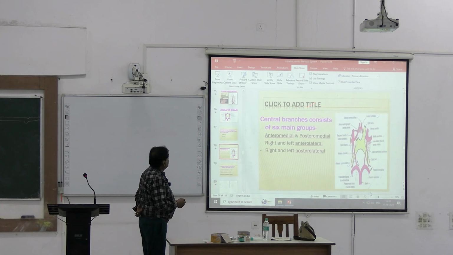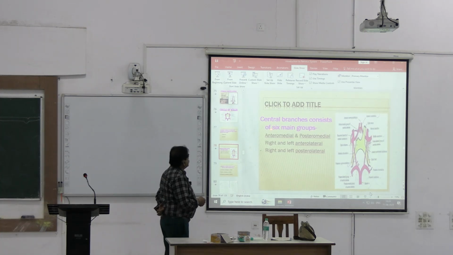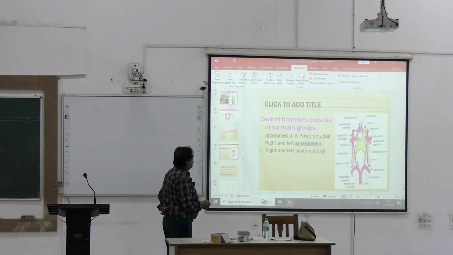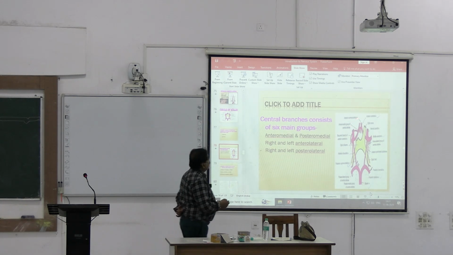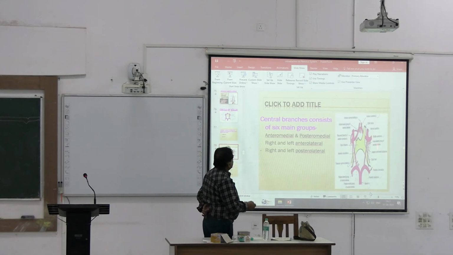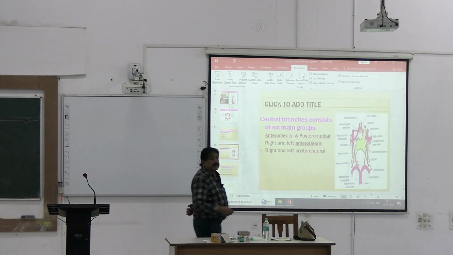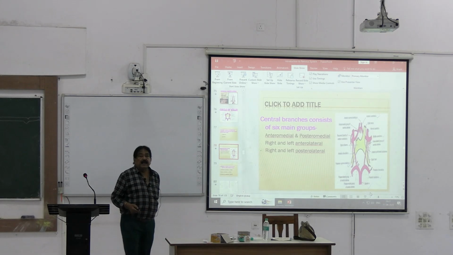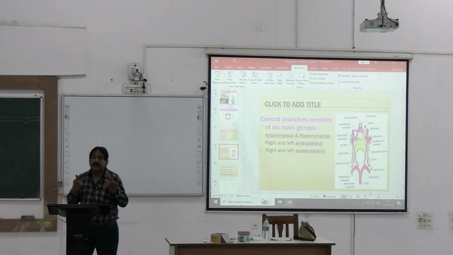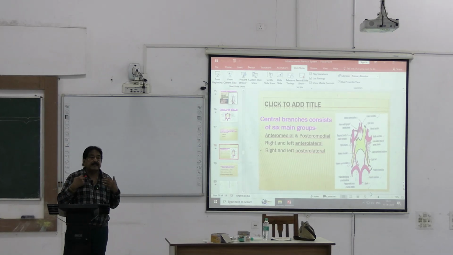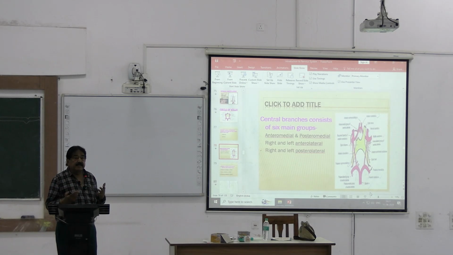Central branches consist of 6 main groups: anteromedial and posteromedial, right and left anterolateral, right and left posterolateral. This diagram is very important: the Circle of Willis and also the origin of the carotid artery and the vertebral artery.